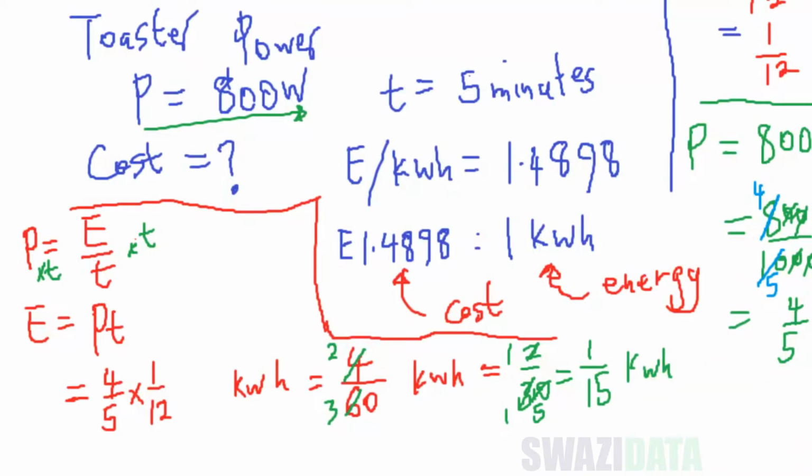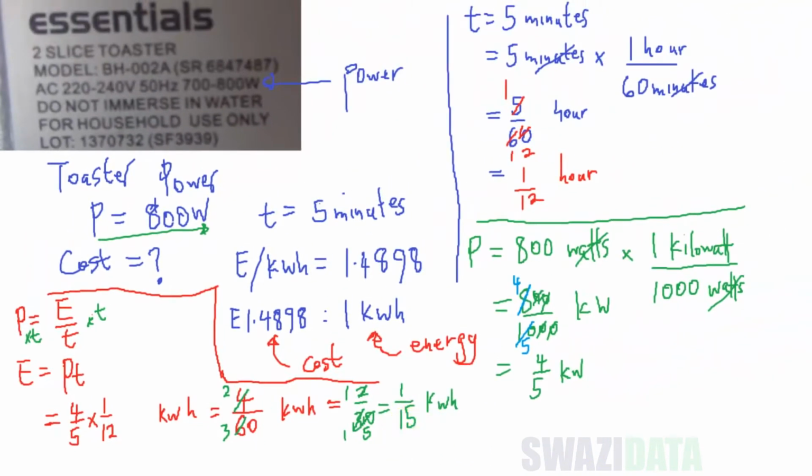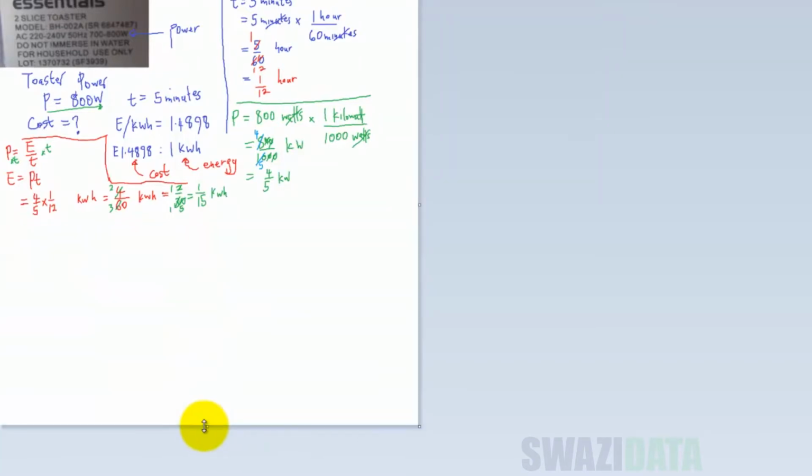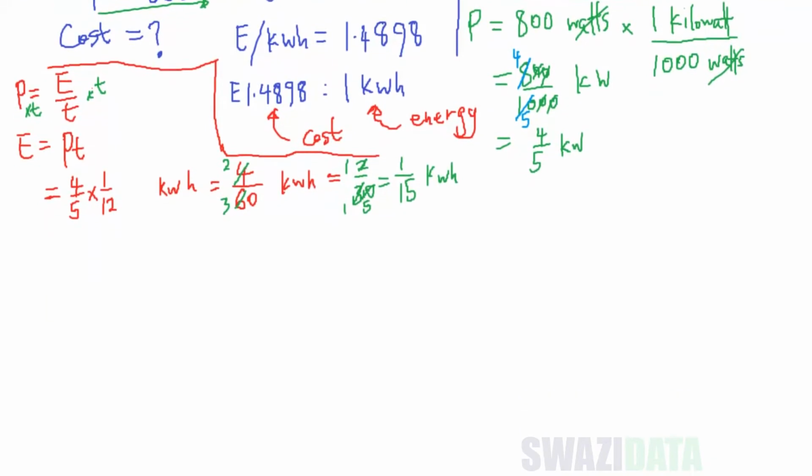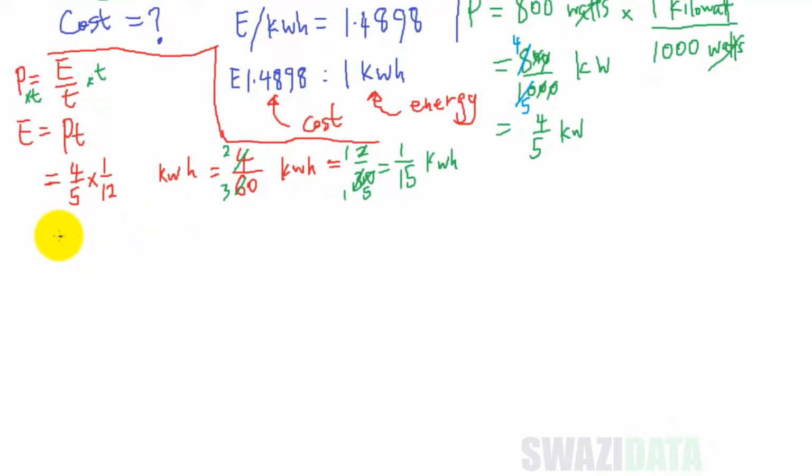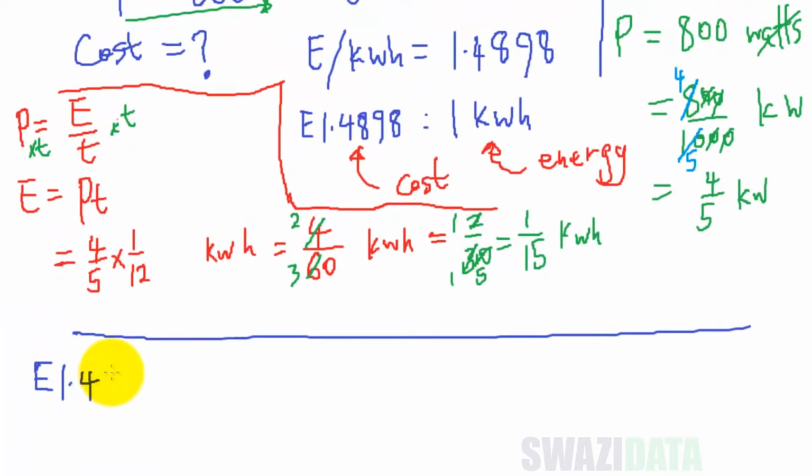Now that we have 1 over 15 kilowatt hour, the cost in emalangeni: 1.4898 for 1 kilowatt hour is to x, the cost, for 1 over 15 kilowatt hour.